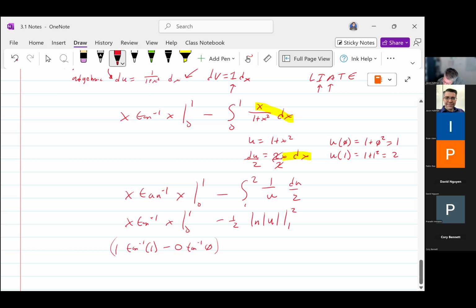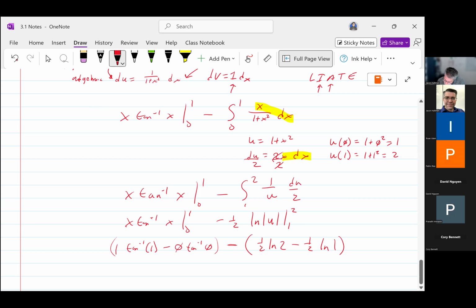That's that first one. Minus 1/2 times the natural log of 2 minus 1/2 times the natural log of 1. Okay, that's my second piece. Okay, so a couple things go to 0 here.